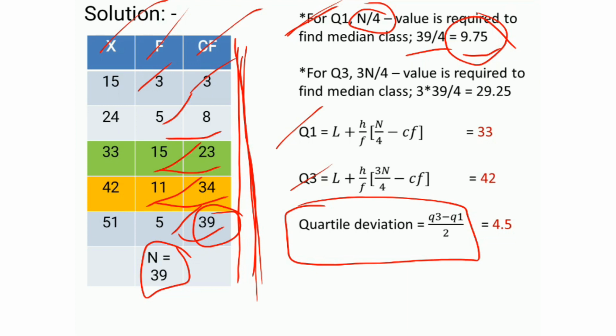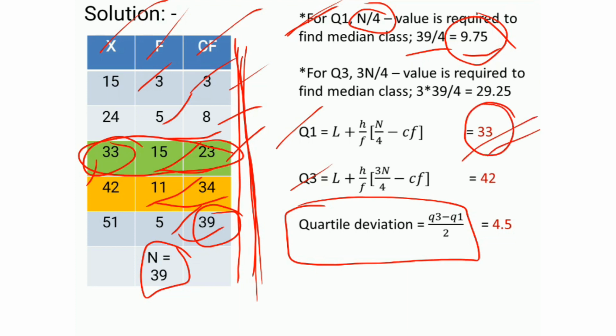It cannot be less than that. So 3, no. 8, it's less than. So the nearest and greater than is 23. That is why the green colored row is your Q1 class. The representative of that is 33. Directly you can say that 33 is your Q1.